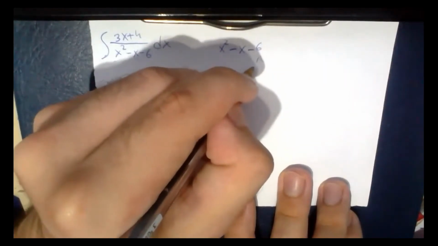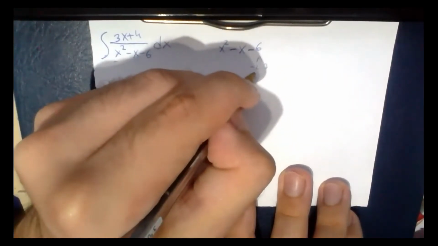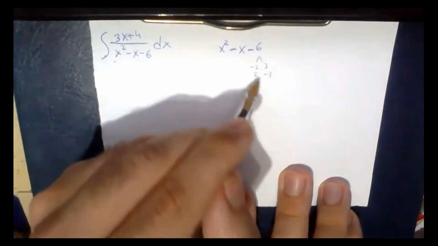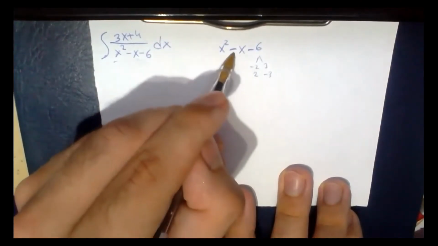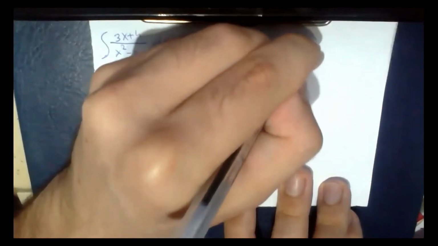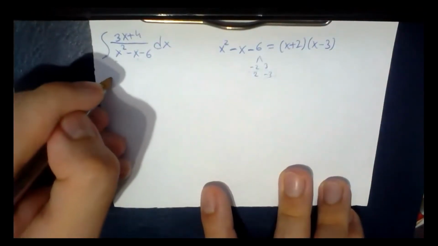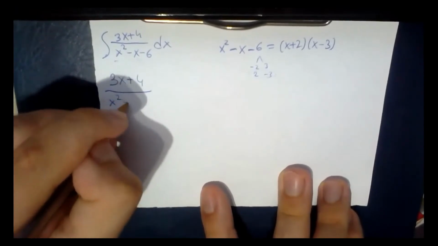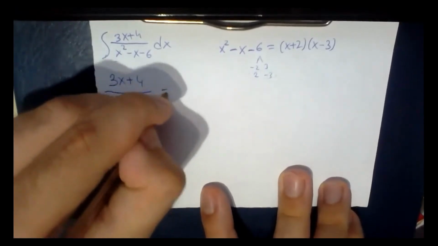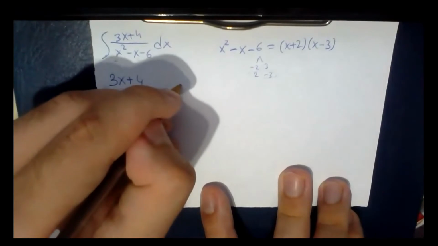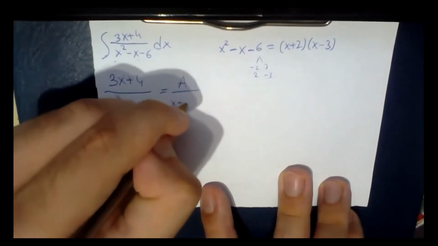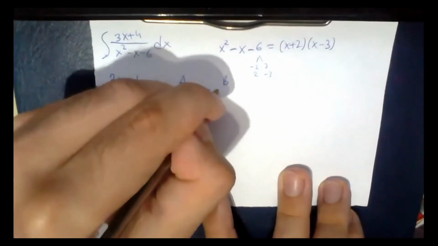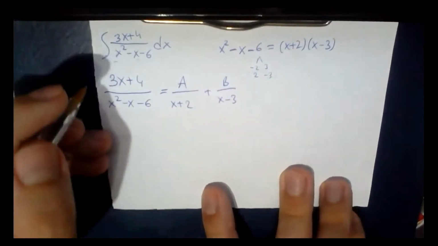Minus 6 can be factorized either as minus 2 times 3 or 2 times minus 3, which add up to minus 1, this one. So this is equal to (x plus 2) times (x minus 3). So we can decompose this rational function as something over x plus 2 plus something over x minus 3.